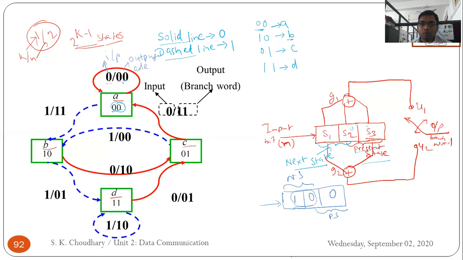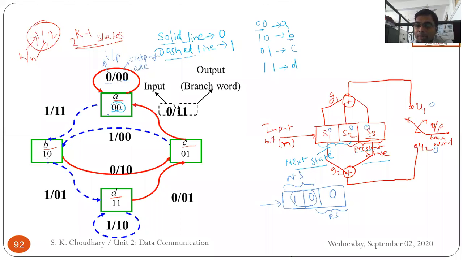So how would this output code word be decided? It would be decided from this structure. In the first case, when you have received the input 0 at the 0, 0 state, your output U1 is 0 and U2 is also 0. So the output is 0, 0.